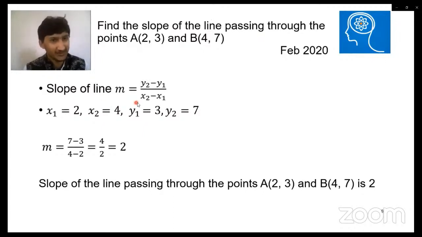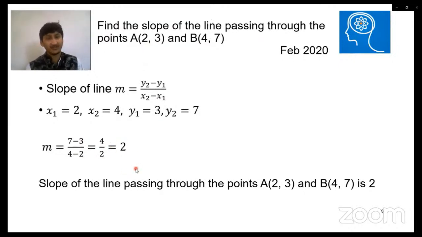That slope of line M is equal to y2 minus y1 upon x2 minus x1. आता इथे आपल्याकडे 2 points आहेत A and B. So x1 will be the x coordinate of A, x2 will be the x coordinate of B, y1 will be the y coordinate of A, and y2 will be the y coordinate of B. So by substituting this, we can easily find out this slope, that is M is equal to y2 minus y1, that is 7 minus 3 upon x2 minus x1, that is 4 minus 2, and that is equal to 2.